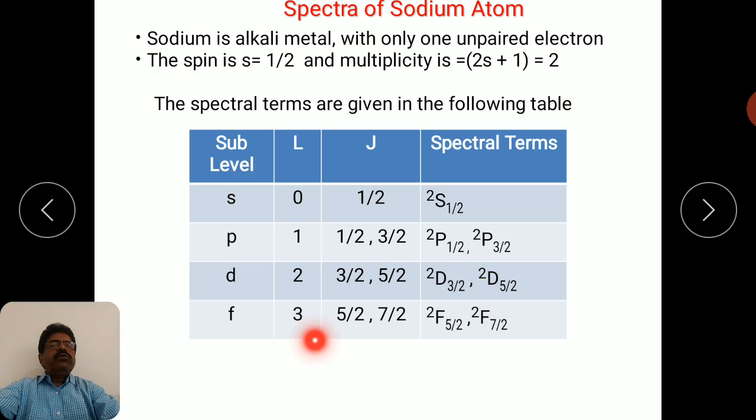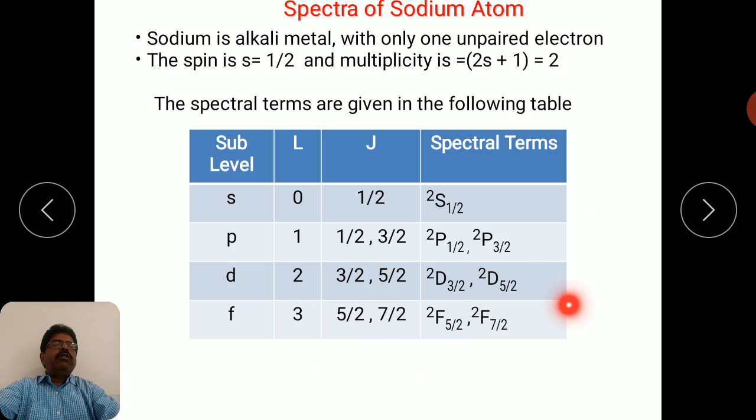Similarly for L equal to 3, we have J values 7 by 2 and 5 by 2, because 3 plus half is 7 by 2, and 3 minus half is 5 by 2. Since L is equal to 3, we use letter F: 0, 1, 2, 3 correspond to S, P, D, F. So capital F represents the spectral term for the J values 5 by 2 and 7 by 2: doublet F 5 by 2 and doublet F 7 by 2.